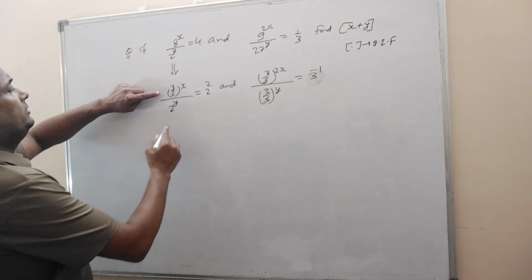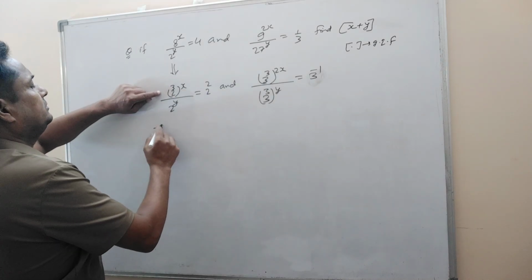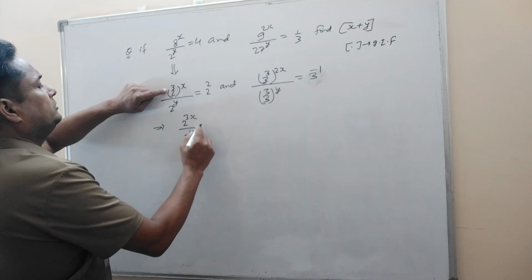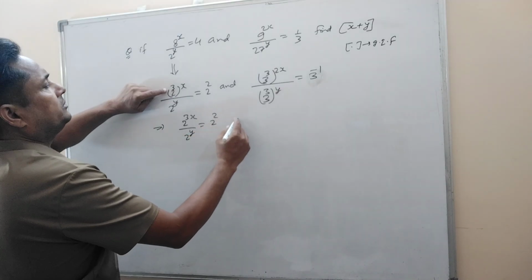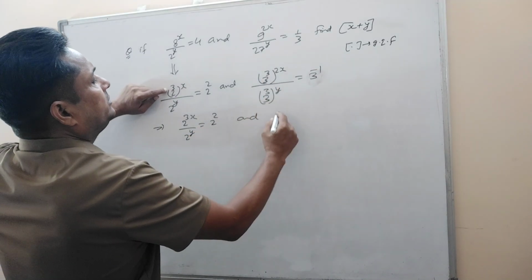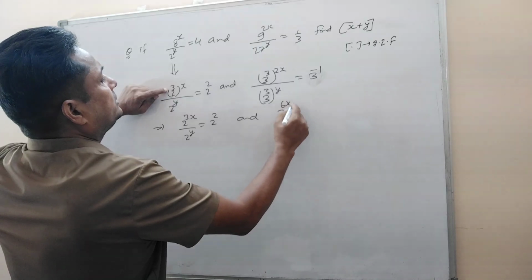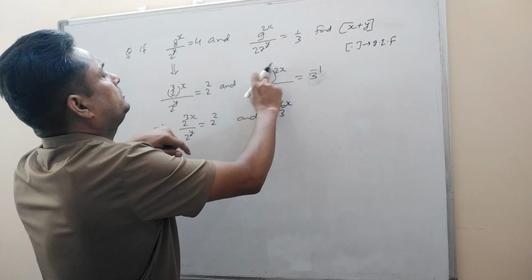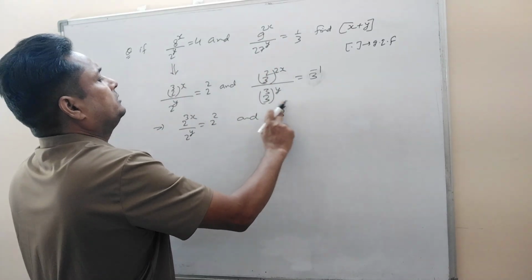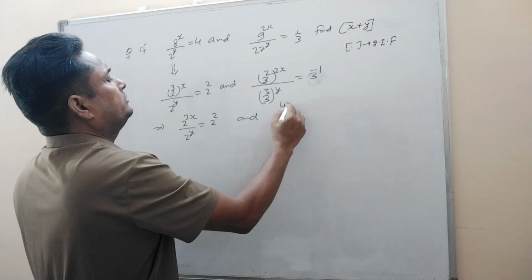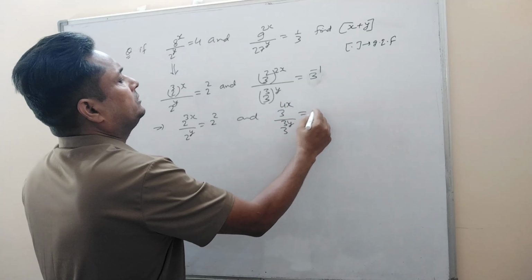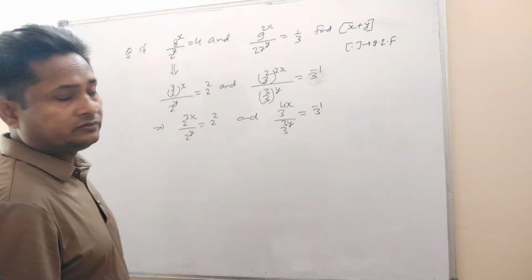Now this can be written as 2 to the power 3x by 2 to the power y is equal to 2 to the power 2, and this can be written as 3 to the power 6x divided by 3 to the power 2. This is 3 to the power 4x divided by 3 to the power 3y is equal to 3 to the power minus 1.